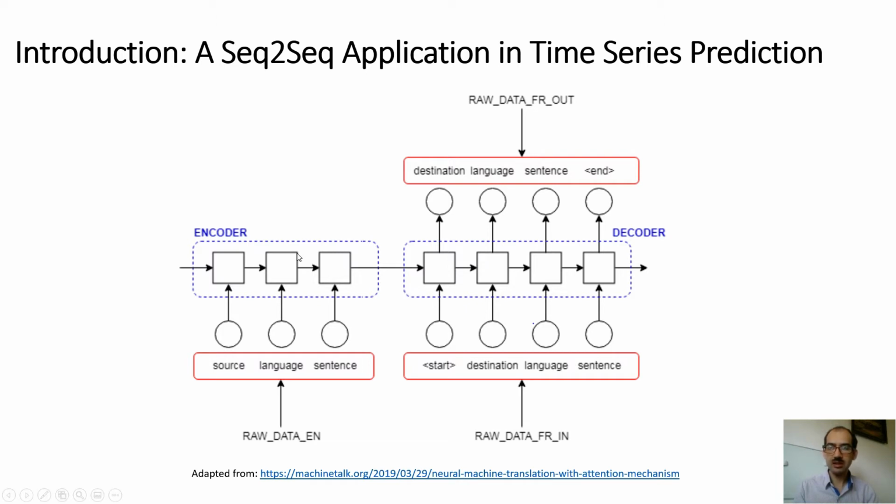The model is called many-to-many. The input sequence is called the encoder, and the output sequence is the decoder. That is why this model is called the Encoder-Decoder model.